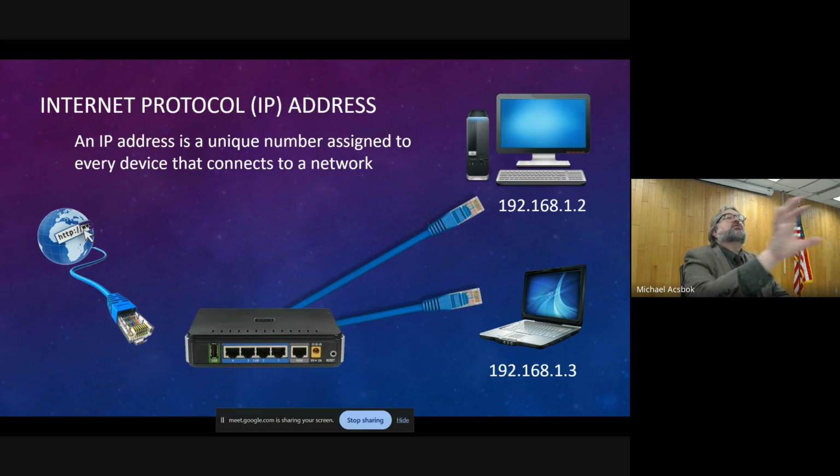The only person who can tie that IP address to you is your internet service provider, the people that you're paying money to get internet from. So Comcast knows. When you connect to your Wi-Fi at home, Comcast knows what number you got.